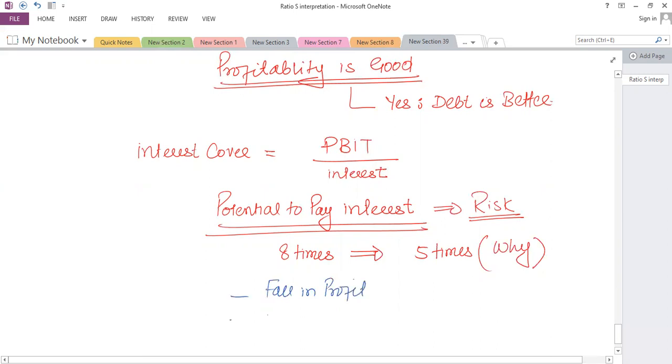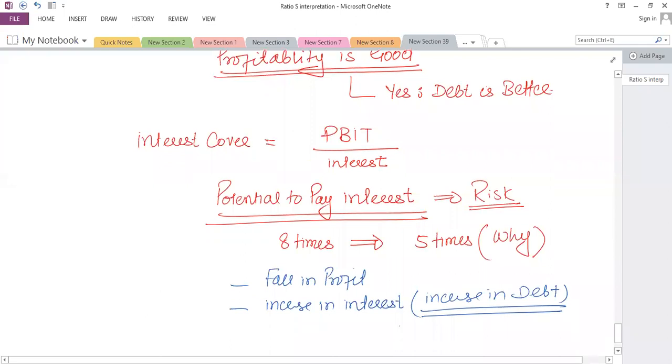Another obvious thing is an increase in interest due to an increase in debt. And if long-term debt has not increased, then you have to talk about there might be short-term debts. You have to see in your position what my short-term debt position is.